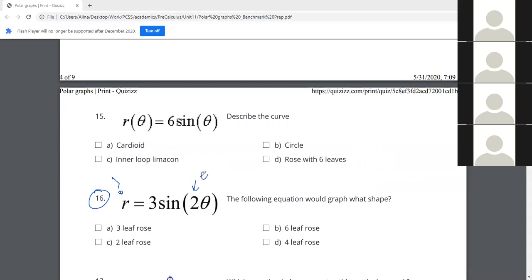Would it be C? It will actually be D. It will be a 4-leaf rose. I don't know if you remember from last class, if it's an even number, the number of petals will be doubled. Whenever it's an even number in front of theta, the number of leaves will be doubled. If it's an odd number, it's exactly how much is there. So it's a 4-leaf rose.